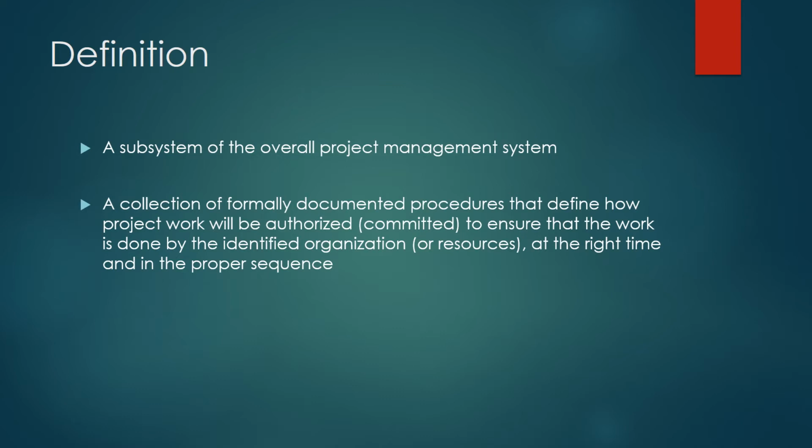I'll give you a few seconds to read through this definition again, because it is extremely important. Work authorization system is a collection of formally documented procedures that define how the project work will be authorized to ensure that the work is done by the identified organization at the right time and in the proper sequence.